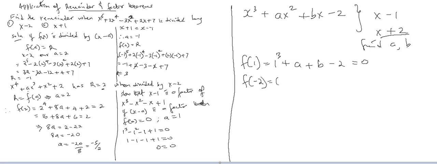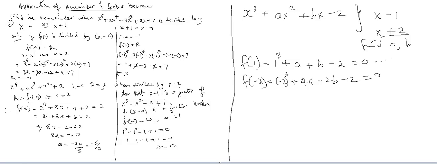So we shall have negative 2 cubed plus 4a minus 2b minus 2 should give us 0.